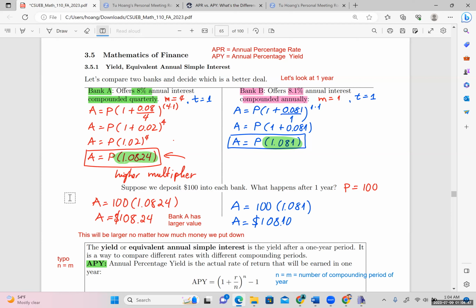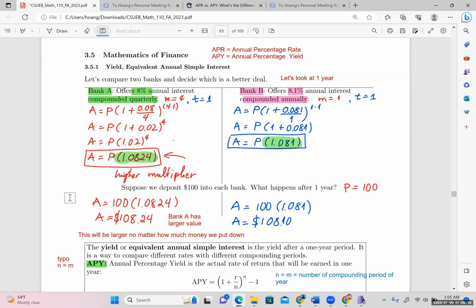Keep in mind that bank A has an APR of 8%, which is less than bank B's.